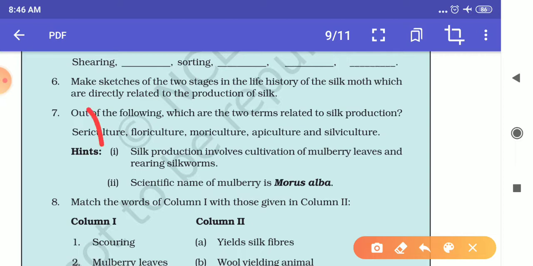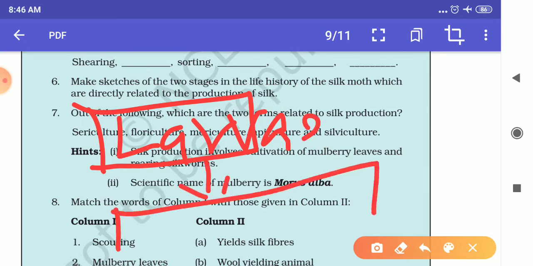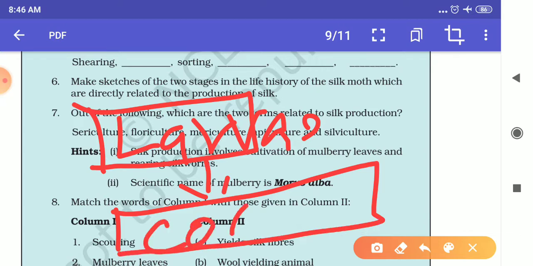Therefore you can draw the stage. I am making a block diagram. Larva or caterpillar, and the second stage cocoon, or it is also called pupa.